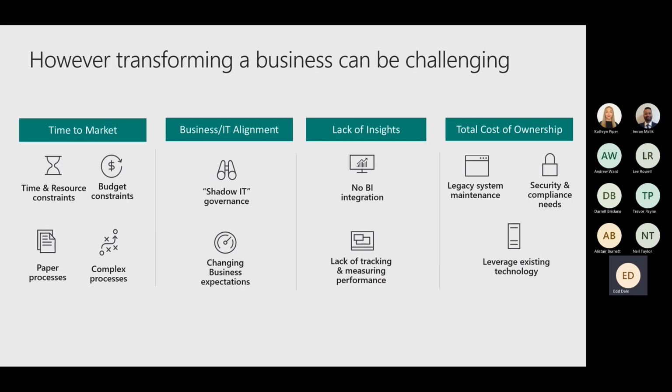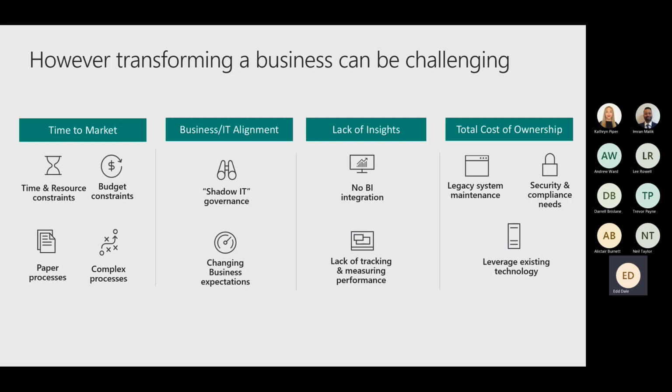The business landscape is changing faster than ever before, and it's hard to meet those goals when the goalpost keeps shifting at an incredibly fast rate. It could be due to lack of insights, lack of being able to track and measure performance, or challenges around TCO, total cost of ownership, whether it be maintaining legacy systems, keeping up with the ever-growing security and compliance needs of the organization, or even leveraging existing technology.